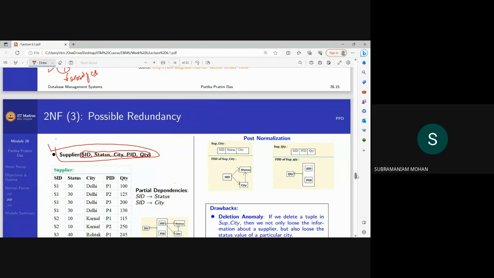Don't take this example. In general, if there is no functional dependency applicable to any relation, then the combination of all the attributes will be a key, right? And it will be in BCNF.